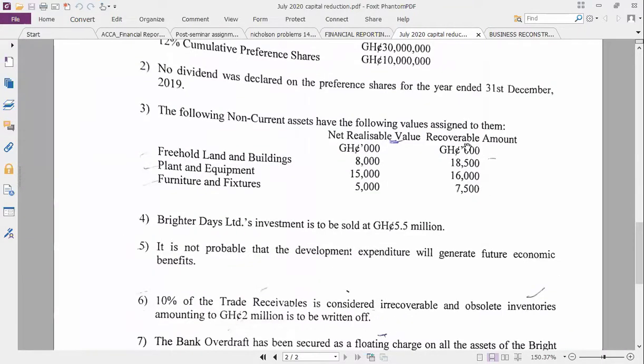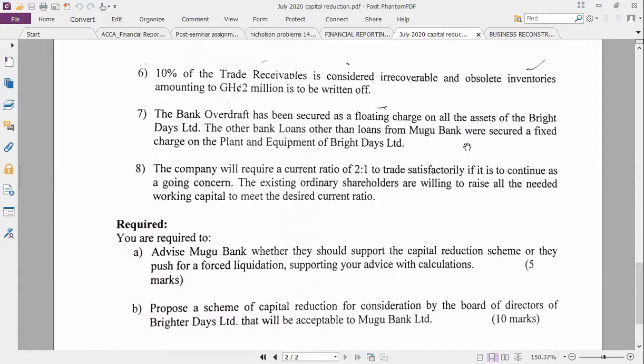Okay. So I'll quickly go to the requirement. You are required to advise Mugu Bank whether they should support the capital reduction scheme or they should push for a forced liquidation.